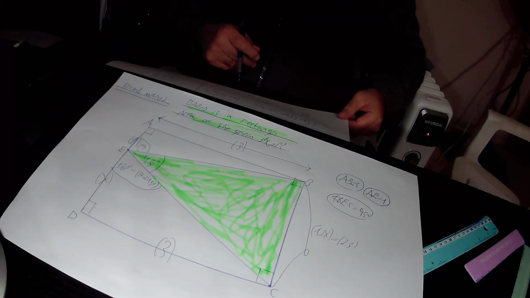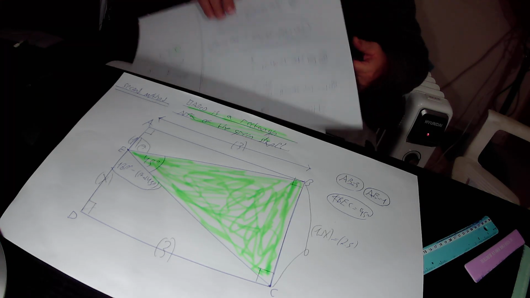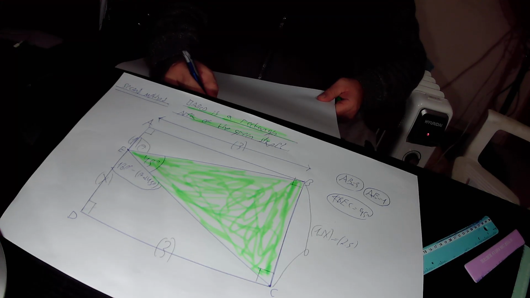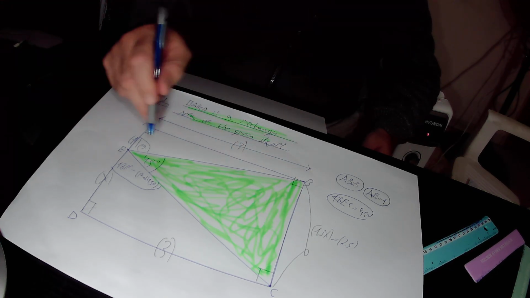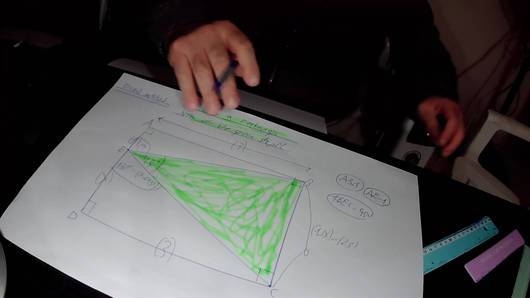So in the next step, I'll repeat the same process that we already did in the first method. That is to say, from point E, we will draw a perpendicular on BC. Again, from point E, we will draw a perpendicular on the base BC of the triangle BCE.